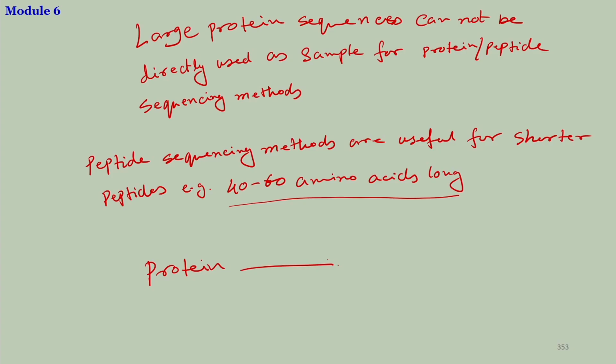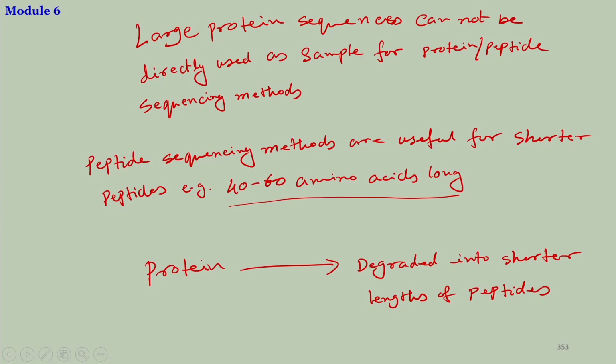So, protein is first degraded into shorter lengths of peptides. You take your protein sample, treat it in some way so that it produces a number of short peptides.